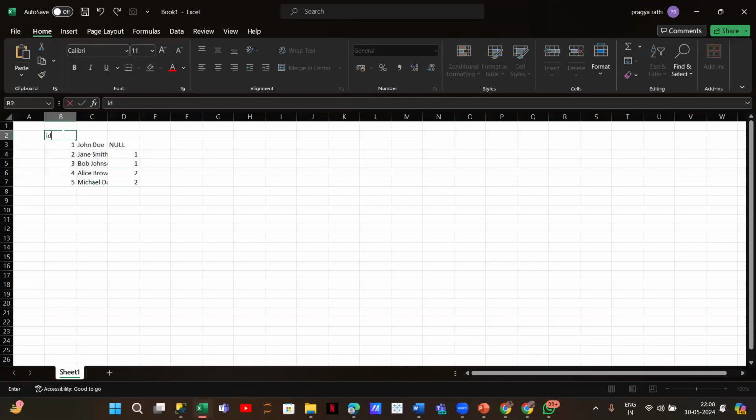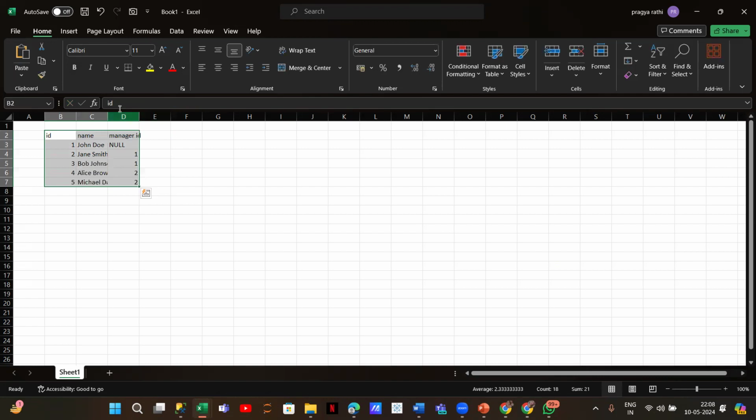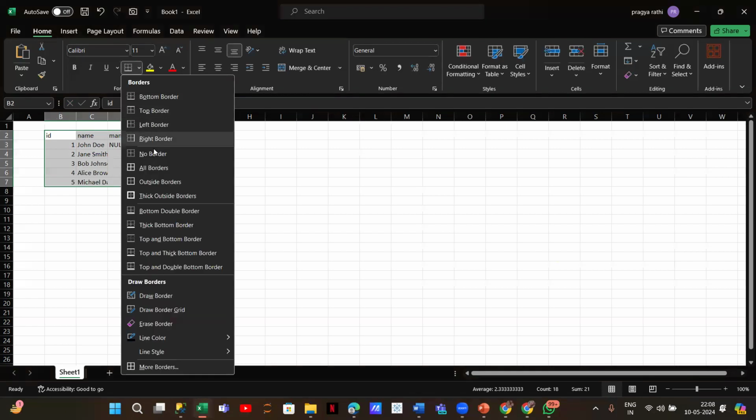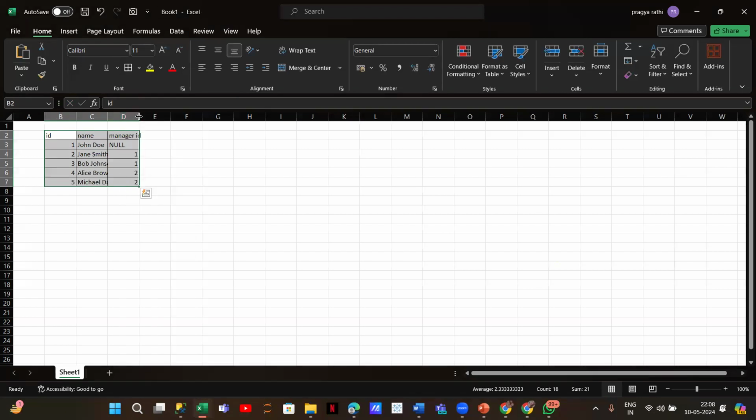So here ID is given, name of person is given, and as well as manager ID is given. Okay. So this is our table that we have. Right, everyone?